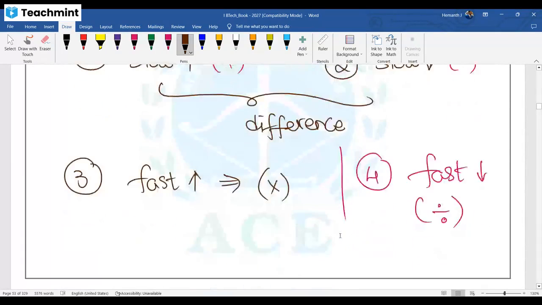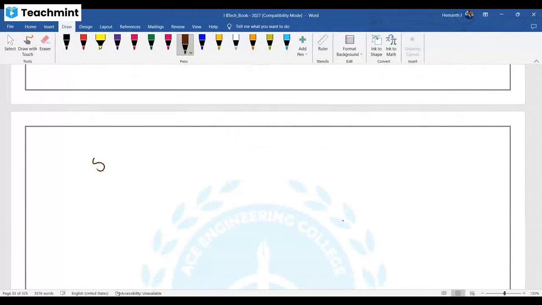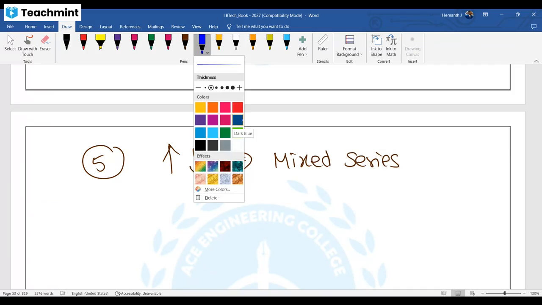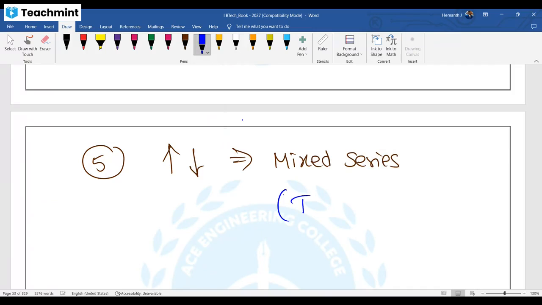Next one, increasing and decreasing both available in the same question. This is important. So far only increasing or only decreasing. But in the same question, if increase and decrease both are there, it is called mixed series. Then how to crack the question, sir? If it is mixed series, it's like 2 different series, minimum 2 series.